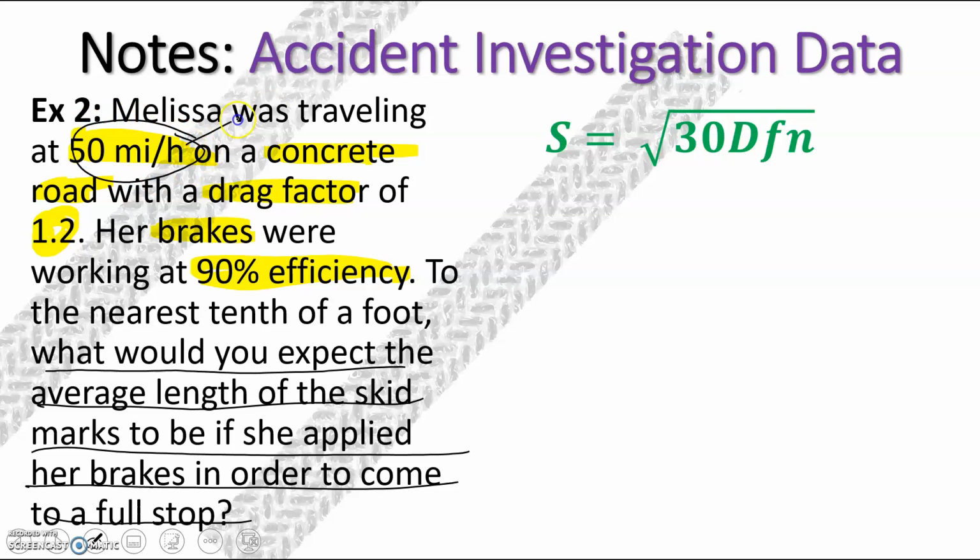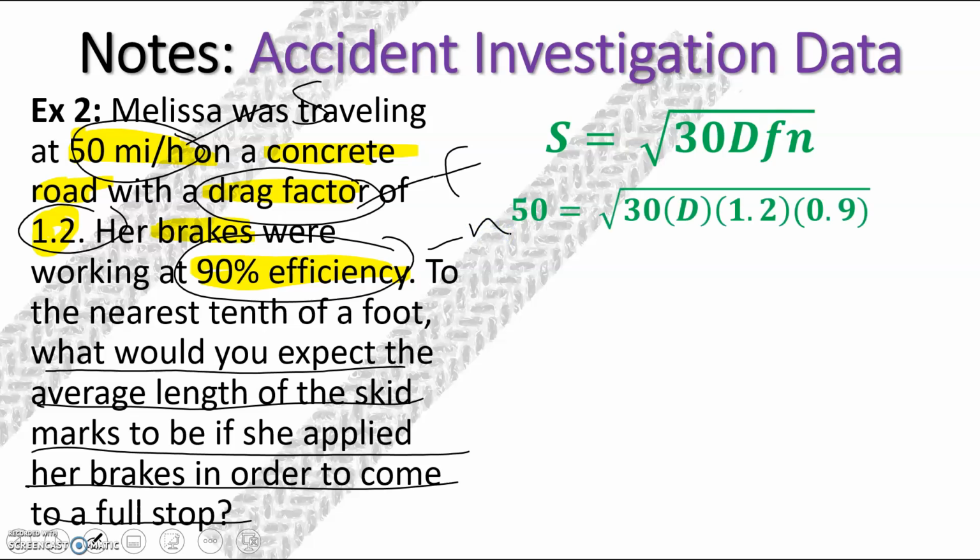Well, we know her speed, so we know S. We know the drag factor, so we know F is 1.2, and we know the braking efficiency, N, is 0.9. So plugging in everything we know, we have that 50 is equal to the square root of 30 times D times 1.2 times 0.9.